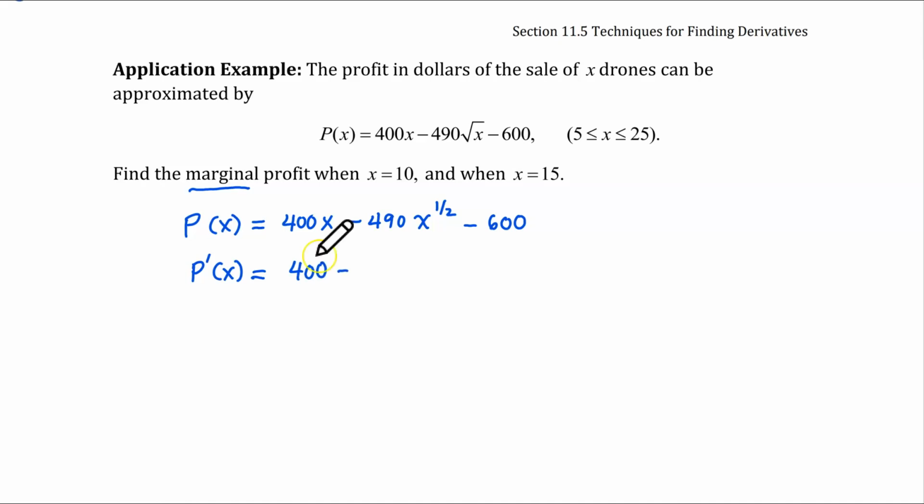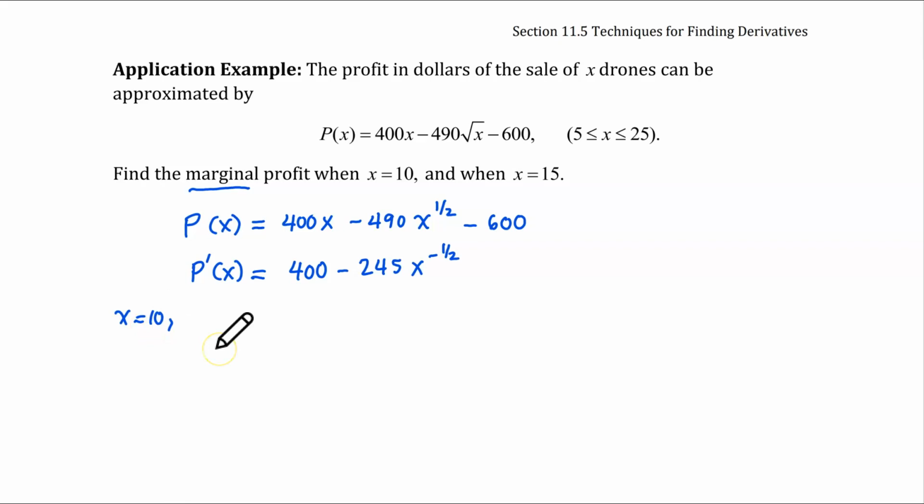And the derivative of 490 x to the 1/2 is 490 times 1/2, or 490 divided by 2, which is 245 x to the, subtract 1 from 1/2, that's negative 1/2. And then the derivative of 600 is 0.